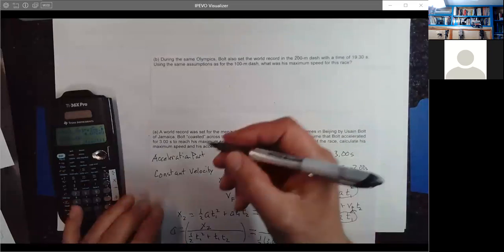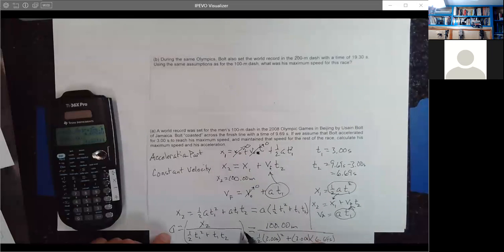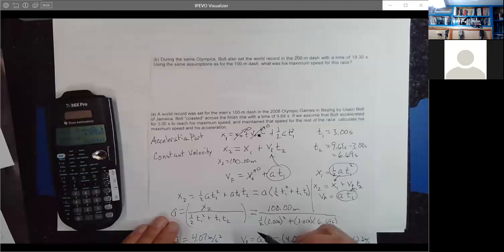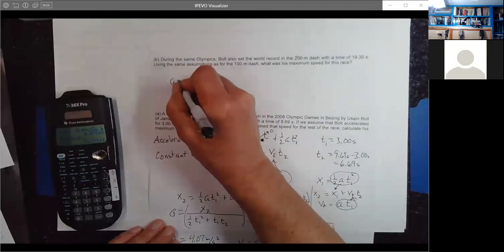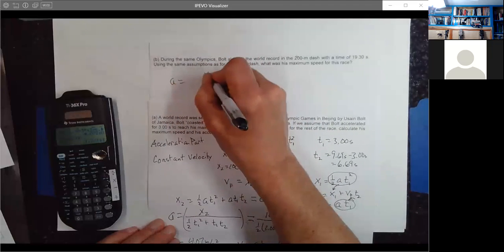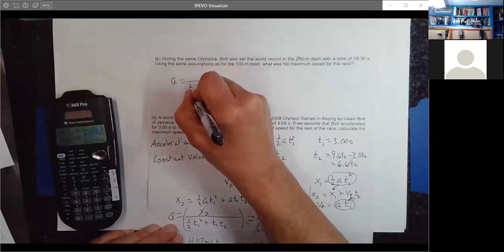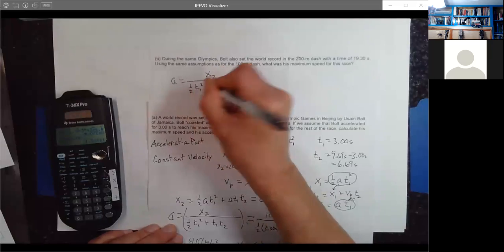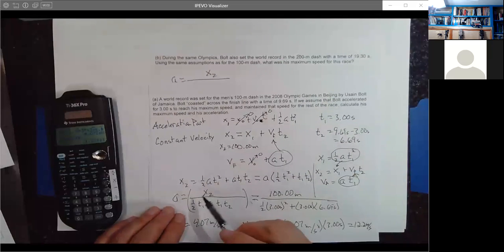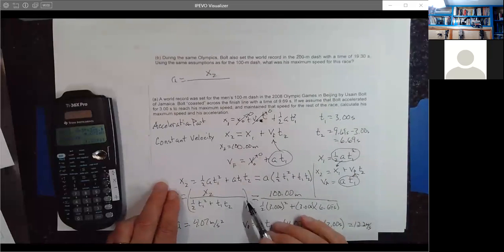Since I've already gone through the work, and I did this just with variables, the variables should work. So the acceleration should be x2 divided by 1/2 T1 squared plus T1 T2. By the way, what I just did, solving something in variable form first, is something that I like to do.